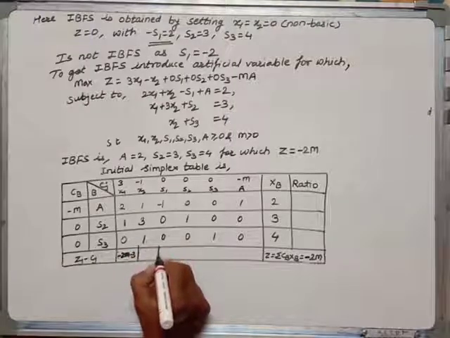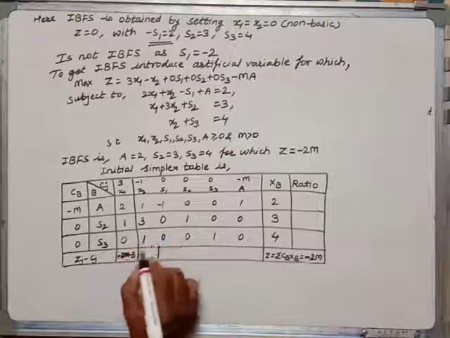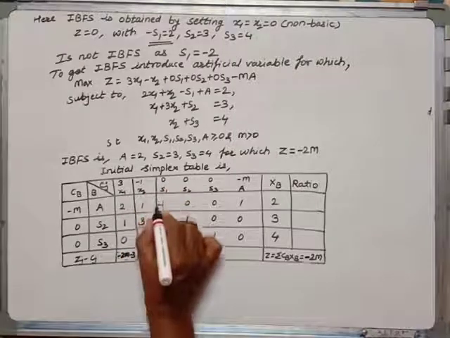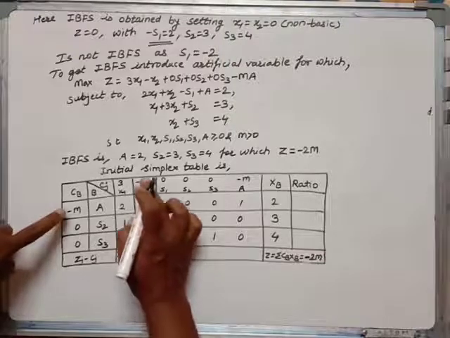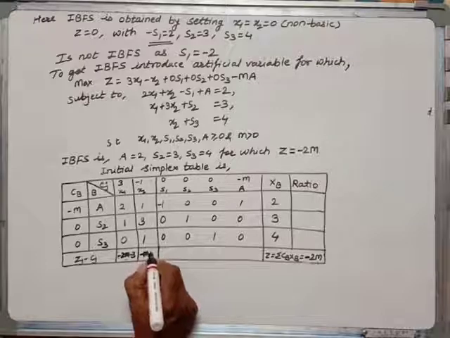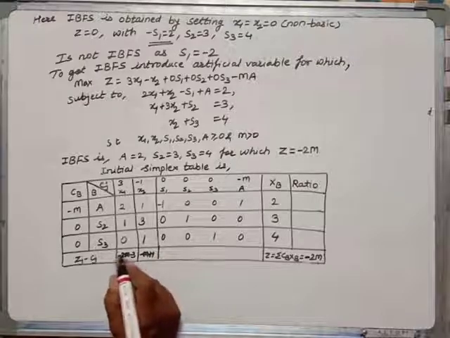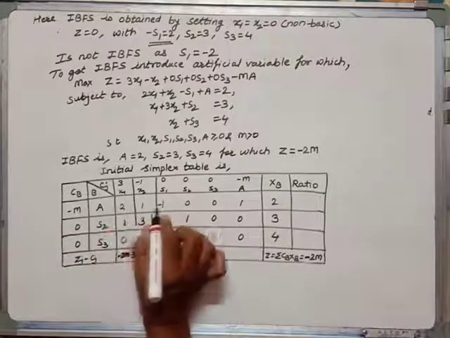Now the second one. The second one will be, what does that? Minus m, minus minus plus. So here I get minus m plus 1. Is it okay to you? Now here this will become m.